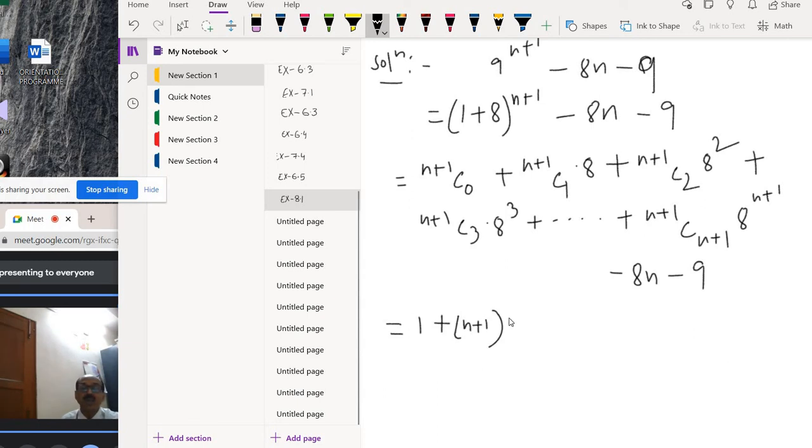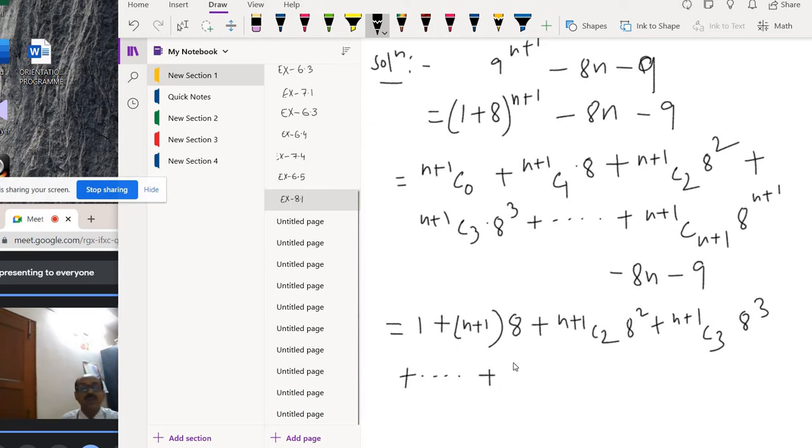So n plus 1 into 8, plus n plus 1 C2 into 8 square, plus n plus 1 C3 into 8 cube, plus ... n plus 1 C n plus 1.